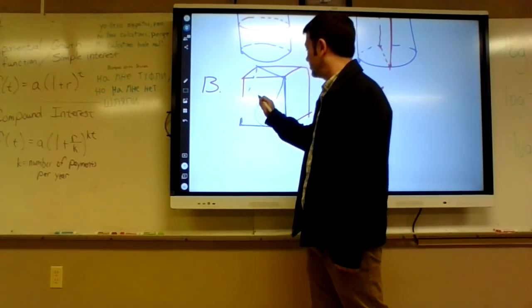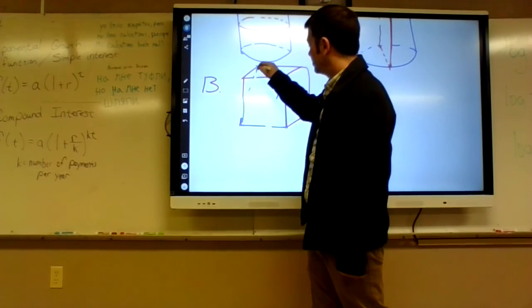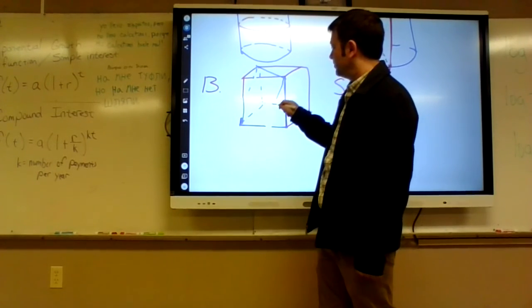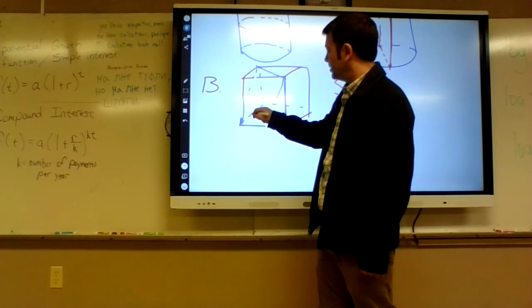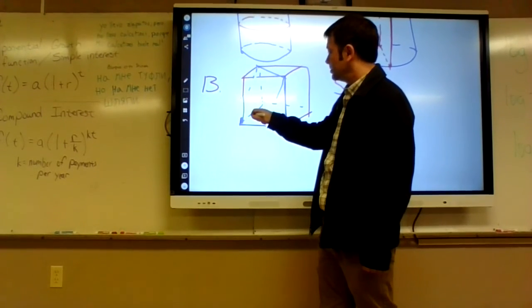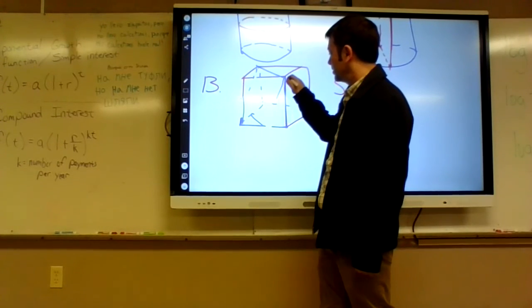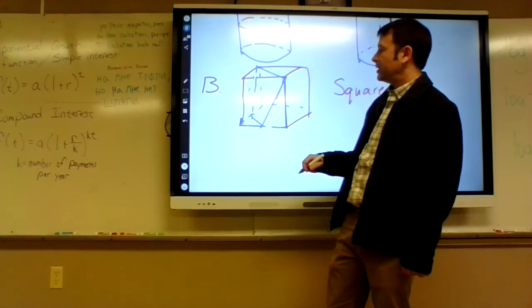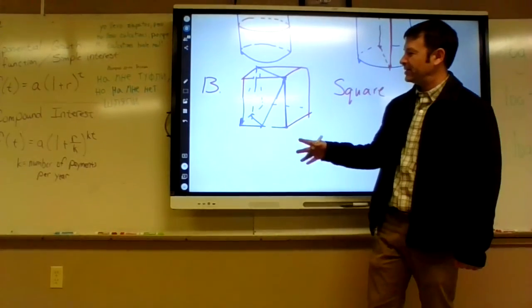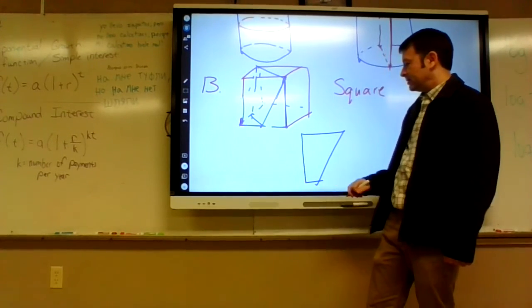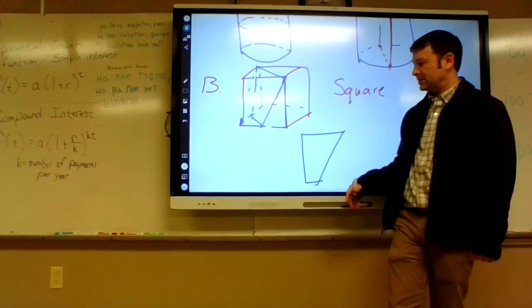Here, let me make it better. Let me draw on the back side. I need a parallel line to this, or else it won't make a parallelogram. So if I make it from here to here, can you see it a little better? Yeah, it's a trapezoid. It looks kind of like that. Trapezoid.